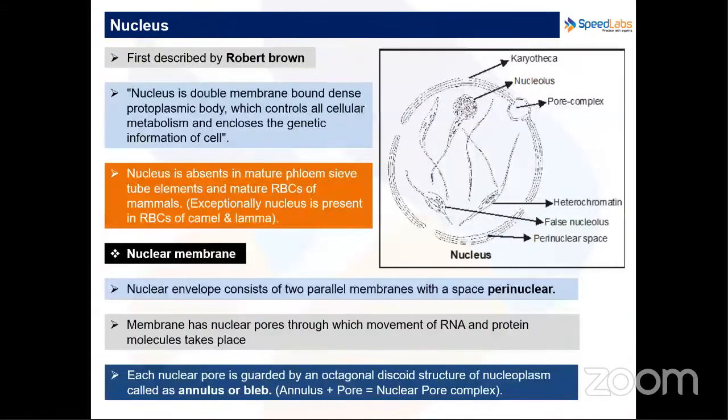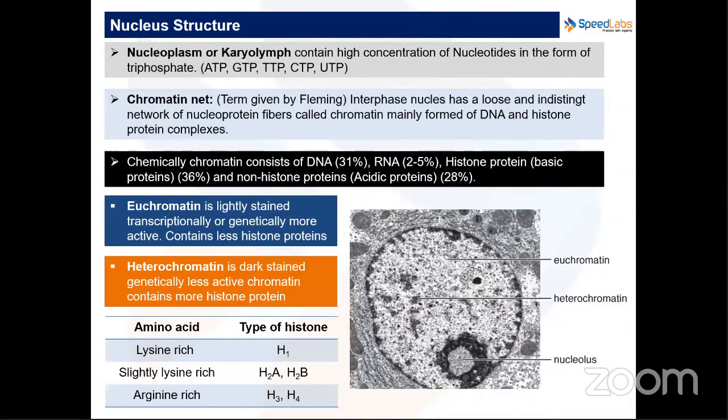Now I wanted to show you the structure of a chromosome also. Are you aware of the nucleus's structure? Look at the structure of the nucleus. You can see this is an electron micrographic structure of the nucleus, where you can see that 2 distinct areas are there in a nucleus.